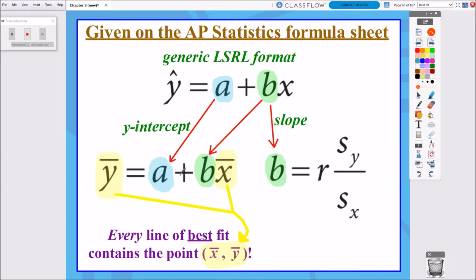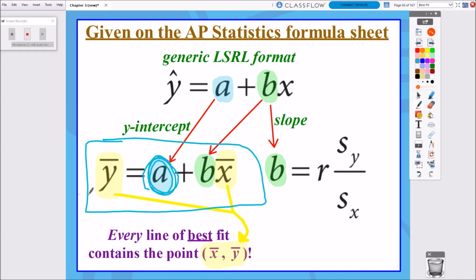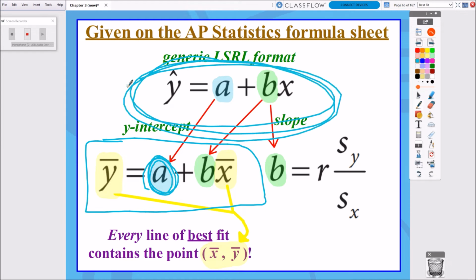So if we look at the two formulas here, if we first look at the y-intercept formula. So here's the y-intercept, and notice they don't write it as a equals if this is the y-intercept formula. They're making this look an awful lot like the generic format, except instead of writing y hat, they replace it with y bar.